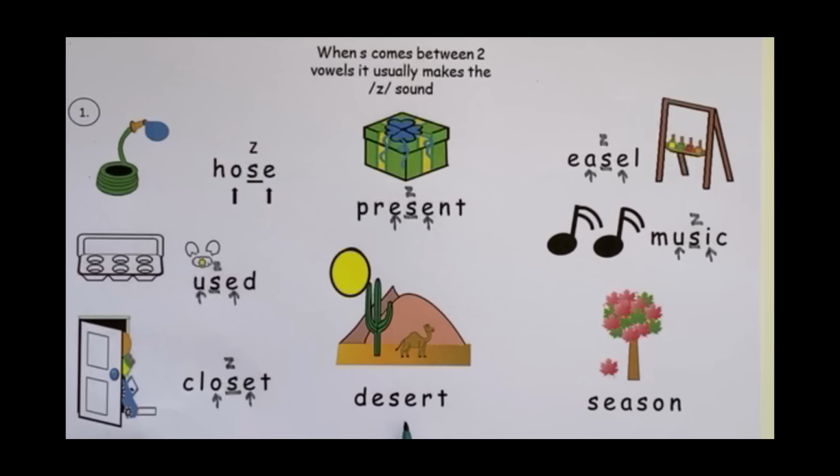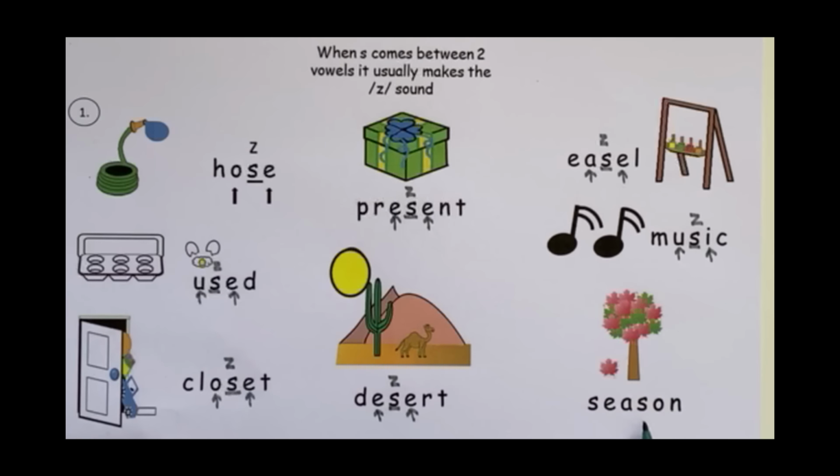And then we come to desert. The S is here, located between the vowel E and another vowel E, so it makes the Z sound. And then we have season. It looks like it's autumn or fall.